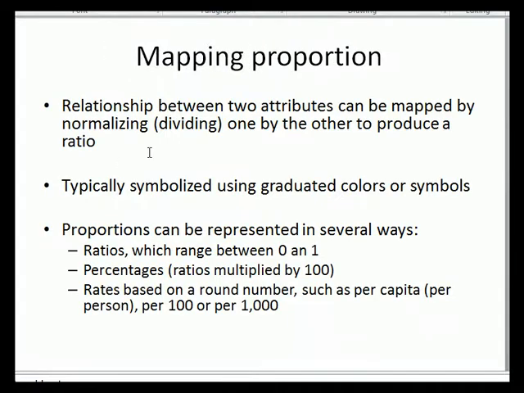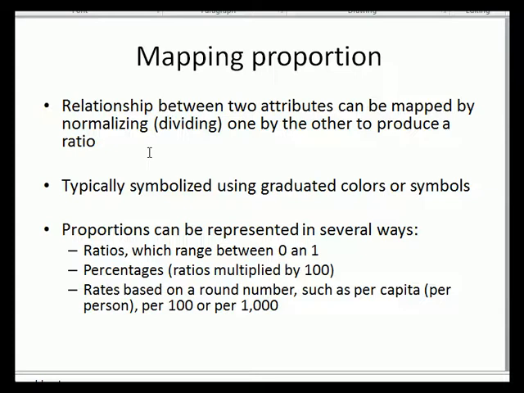The final thing that we map is proportions. Proportions are when you're mapping the relationship between two attributes. It's similar to normalizing because you're dividing one attribute by another to produce a ratio, but it's not necessarily dividing the area. When you divide the area, you're mapping density.